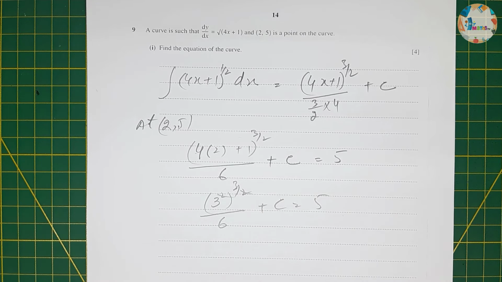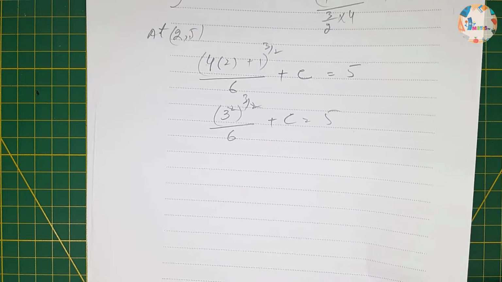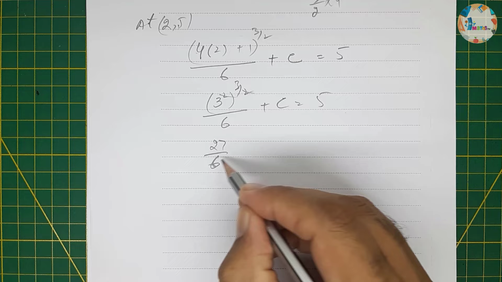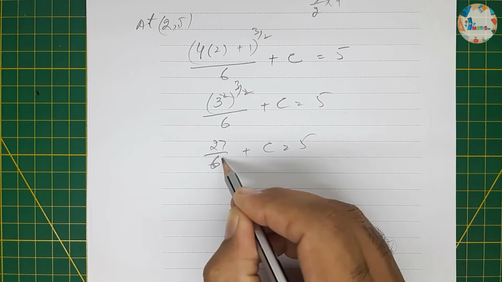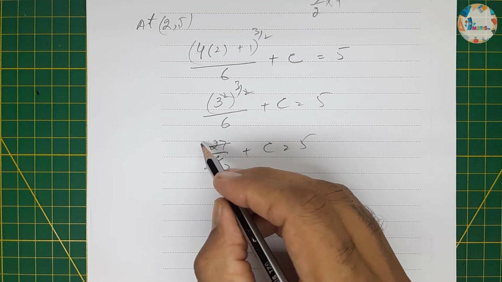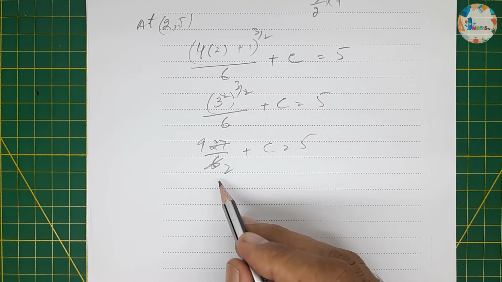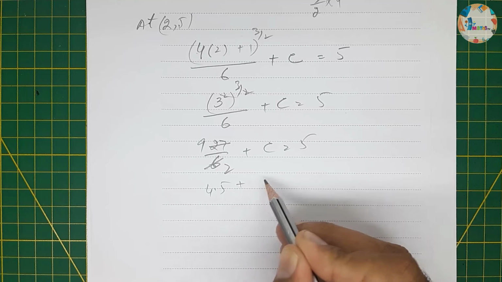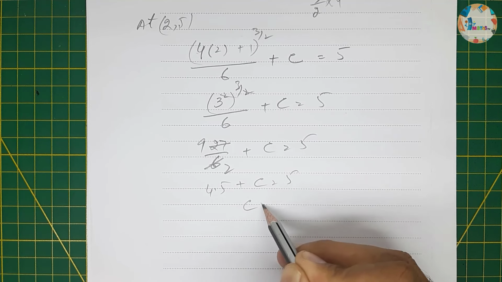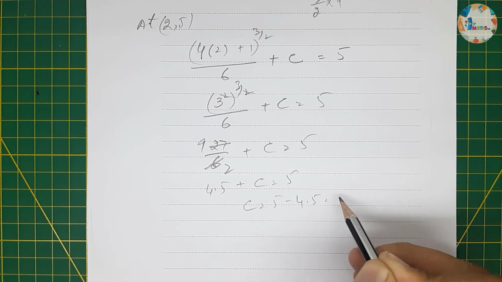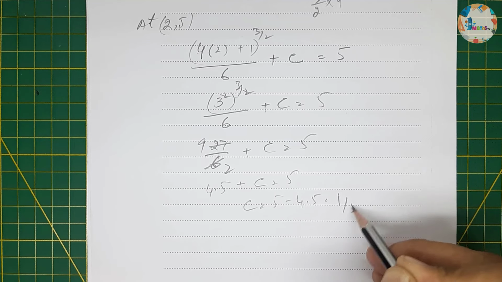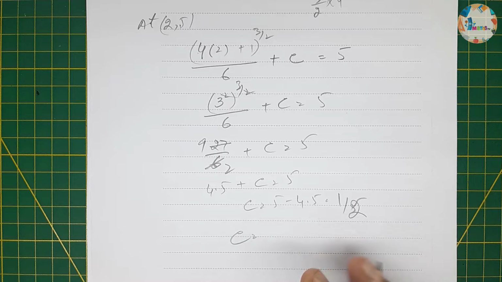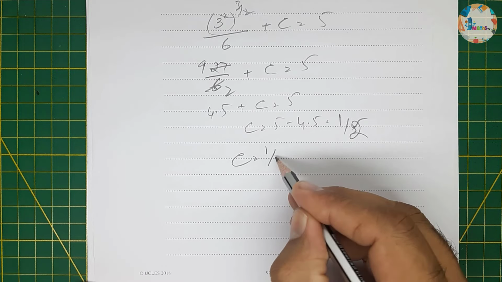So 3 squared will be 27, so 27 divided by 6 plus c is equal to 5. 3 2s are 6, 3 9s are 27, so 9 by 2 will be 4.5, so 4.5 plus c is equal to 5, so c is equal to 5 minus 4.5, which is equal to 0.5 or 1 by 2. So c is equal to 1 by 2.